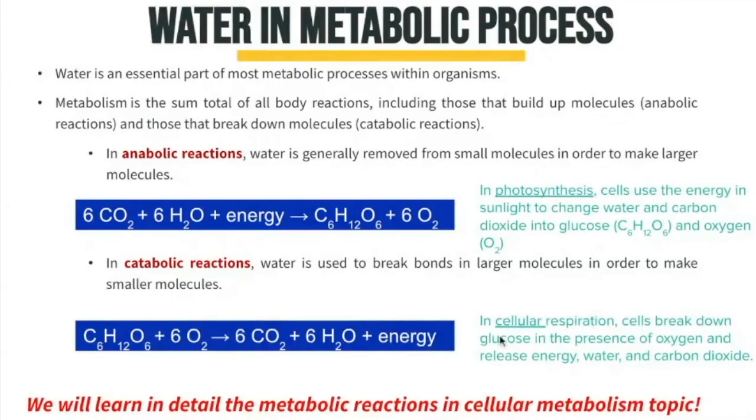Okay, that is for cellular respiration, for example. So this one is just an example, but different types of metabolism we also call anabolic and catabolic. So this slide is actually to show you the difference between the anabolic and catabolic reaction. Of course, we will learn the detail in the other topics, okay?